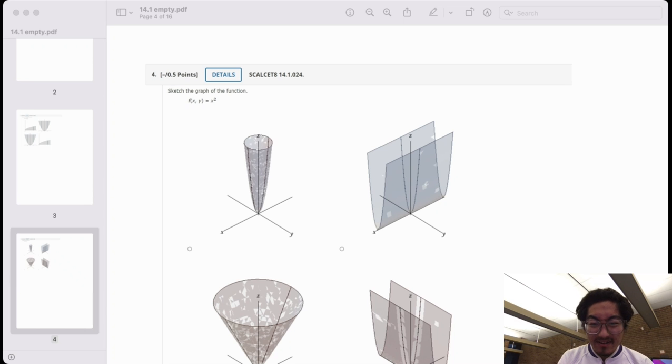And let's go back on here. For this one, they're missing 2 variables here. Perhaps they're 0, so it's the one that opens at the x-axis, so it is the top right one.